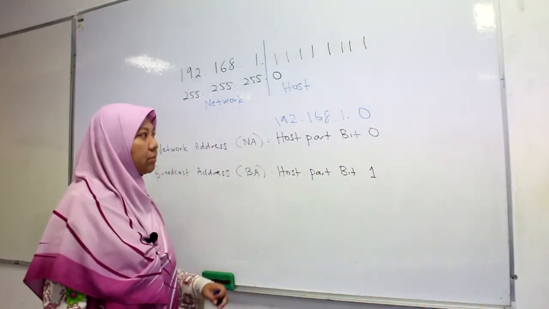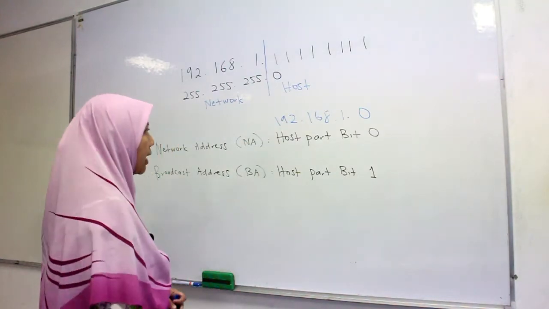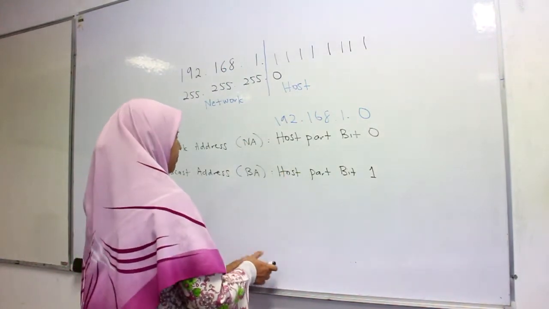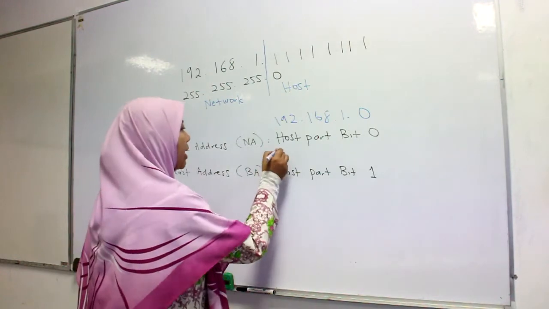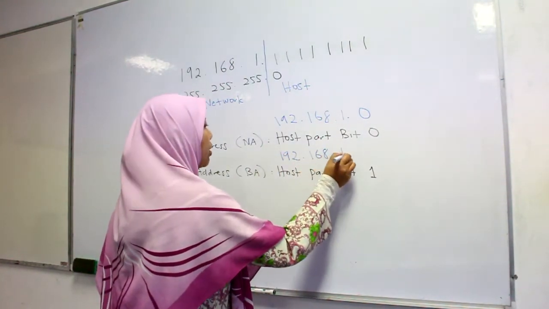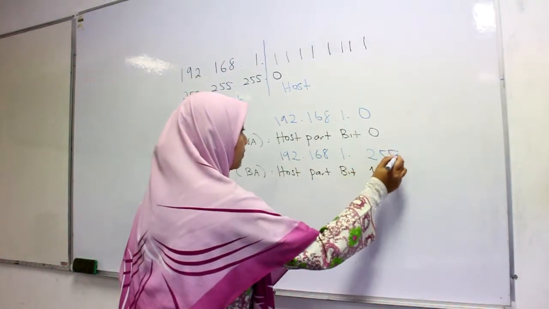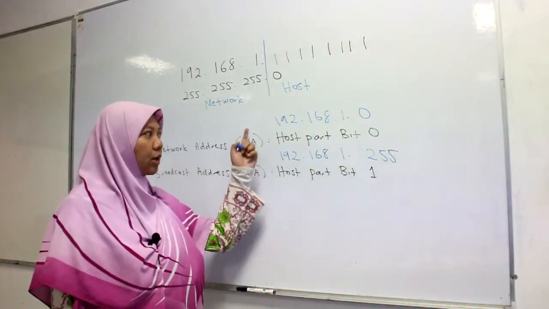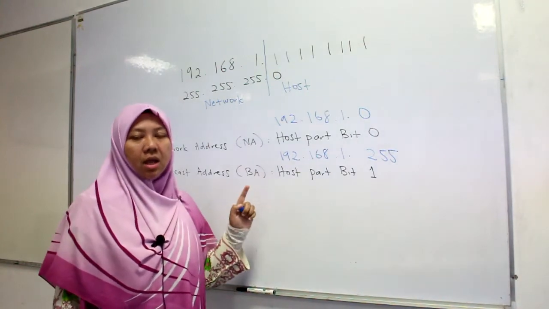So when we convert it back to decimal format, so you get 192.168.1.255. So this is the network address and this is the broadcast address.